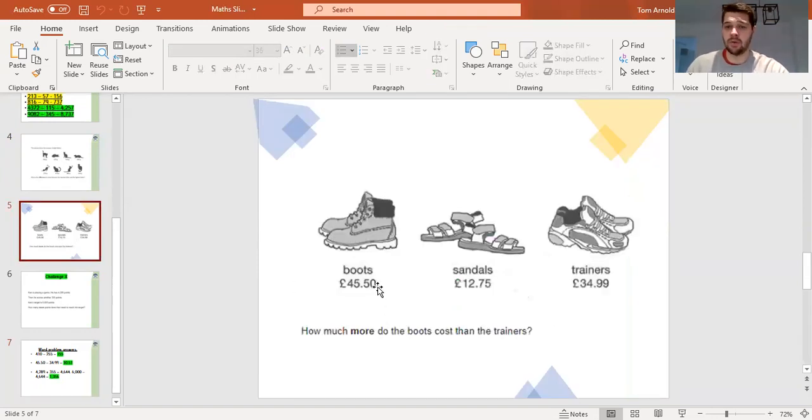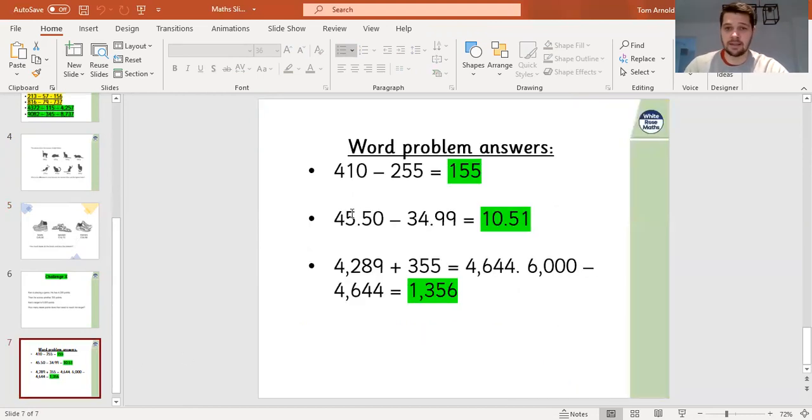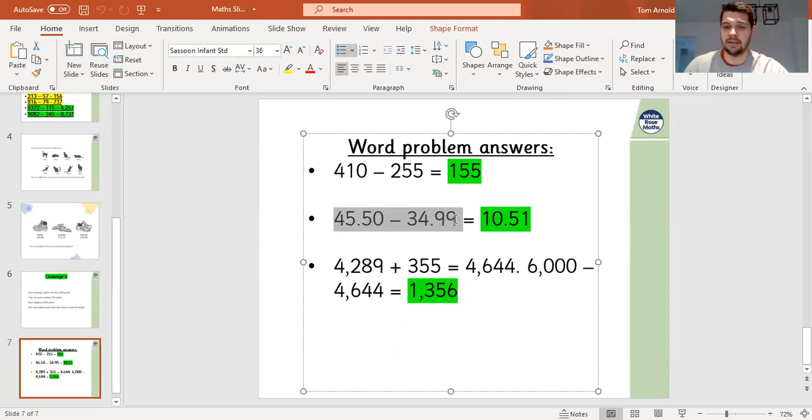The cost of the boots were £45.50 and the cost of the trainers were £34.99. So the calculation we should have done is there, but in our column subtraction, and we should have got actually £10.51 and 155 grams, because we often joke about it could be anything if we forgot to put a unit in. It could be 155 elephants or 10.51 chickens, who knows, unless we make that clear.